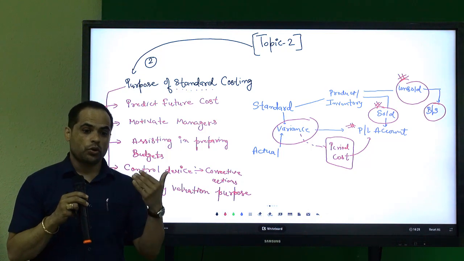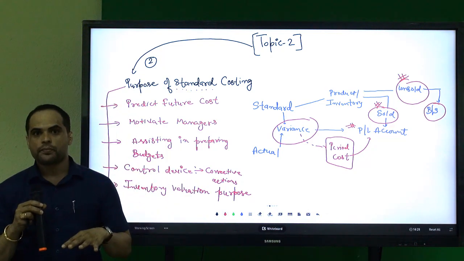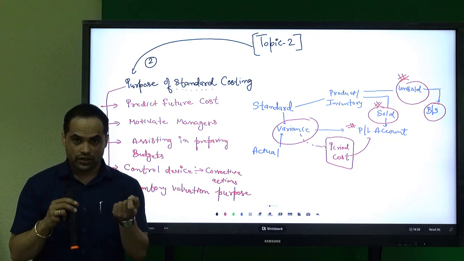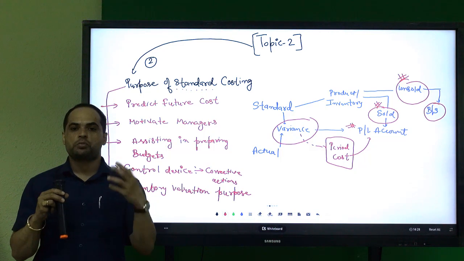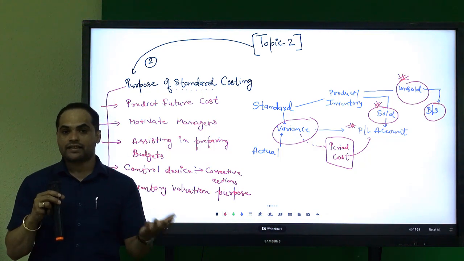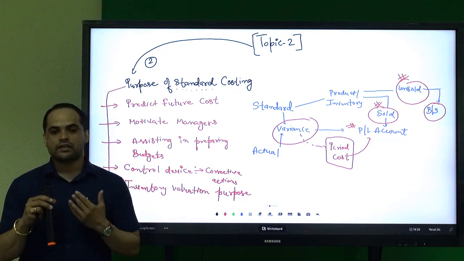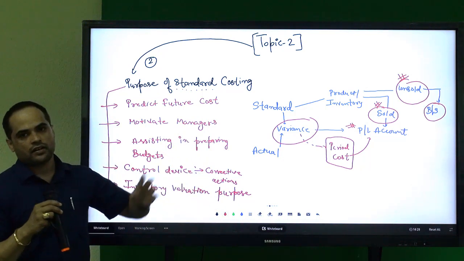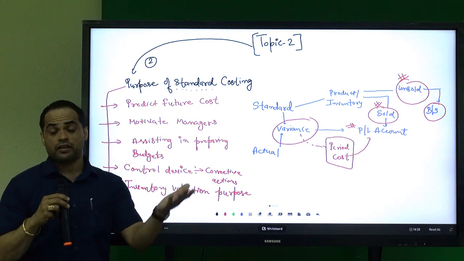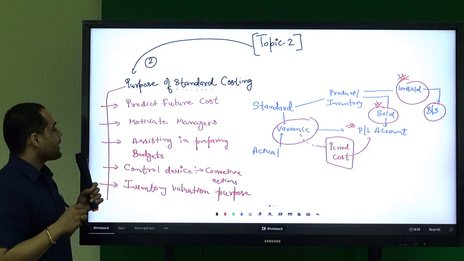If your valuations are under or over, not accurate, we will face a problem in making the right decision. As a result, the company will not achieve its objective. That's the reason we have to implement the standard costing system in the right manner in our organizations.